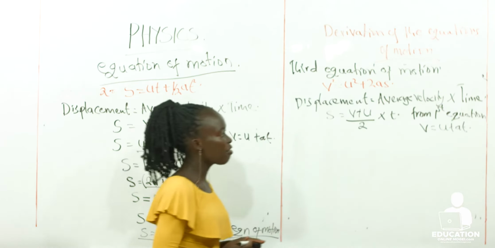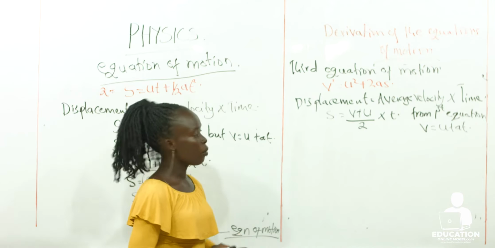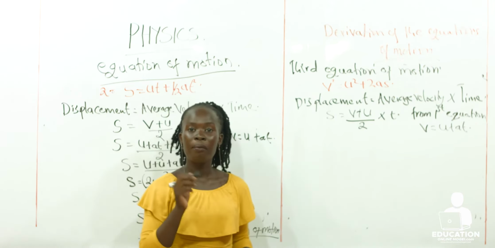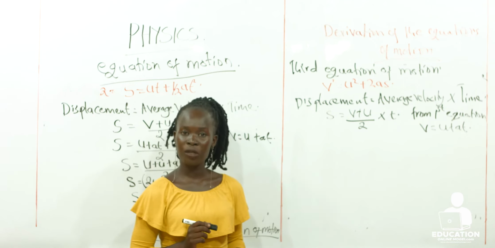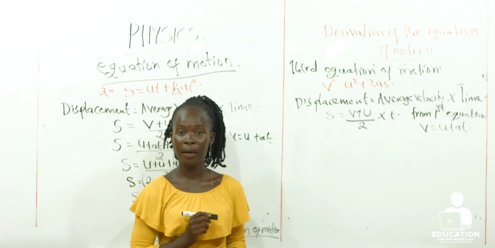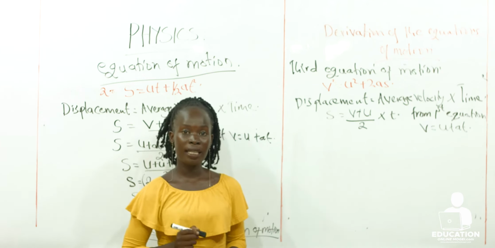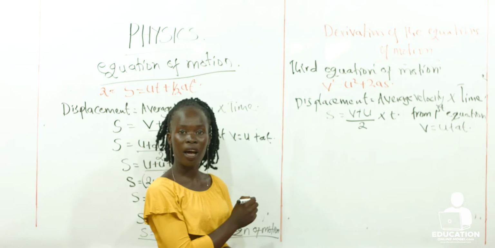If we have it like that, we can easily eliminate the time. Now we use the first equation and make the time the subject. That means we are trying to find the value of time, and the moment we get it, we substitute it in our formula.